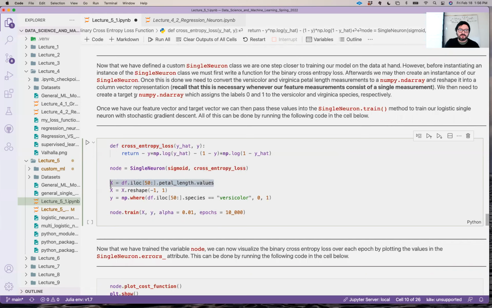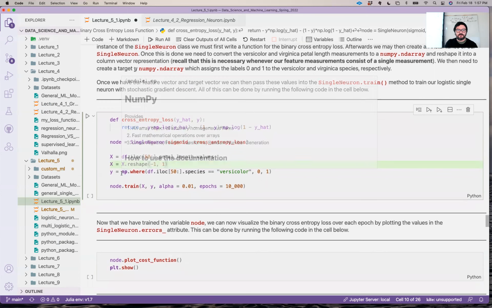Then I grab all of the X measurements for the Versicolor and Virginica flowers, which are 50 each. I already know that. Because this is a single measurement, I have to reshape it to be a column vector representation.